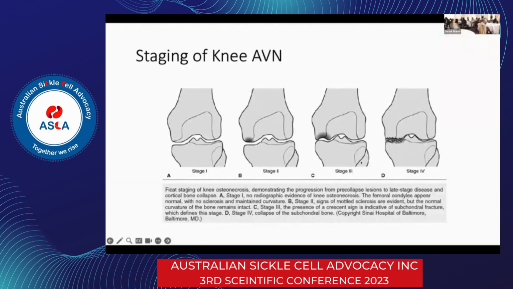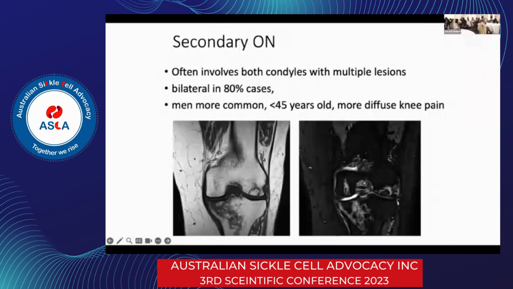This is a typical pattern of osteonecrosis of the knee, and the secondary ones may not follow that typical pattern. They're often quite a bit more aggressive and often result in arthroplasty, so total knee replacement. The reason is that if more than 50% of the joint is involved, it's very hard to salvage the joint because of the extensive damage throughout the joint.